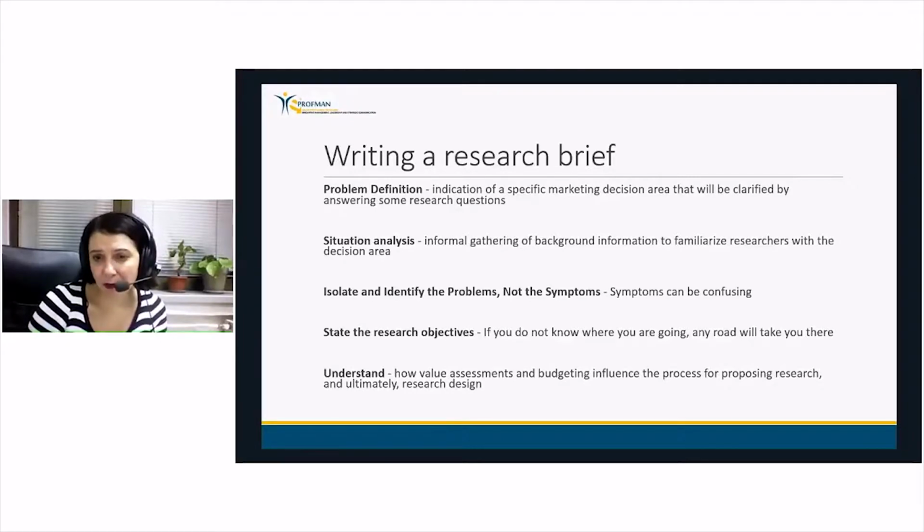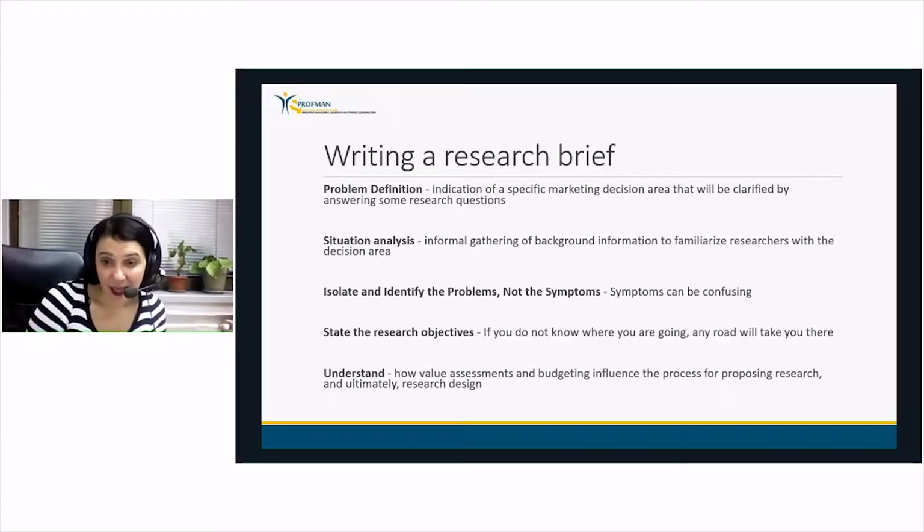So symptoms can be confusing, and that's why we are not addressing the symptoms, but identifying problems. The most important thing to do is to state the research objectives. Because if you don't know where you are going, the road will lead you anywhere.